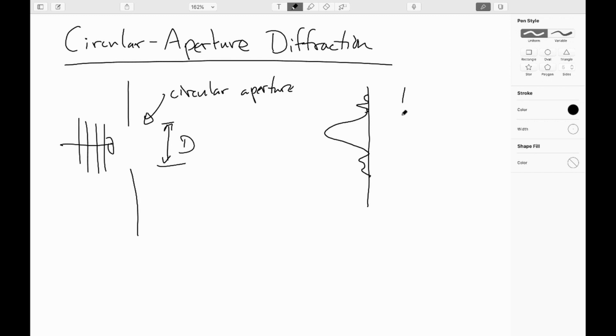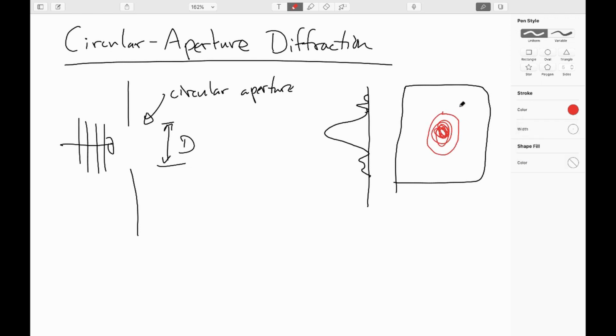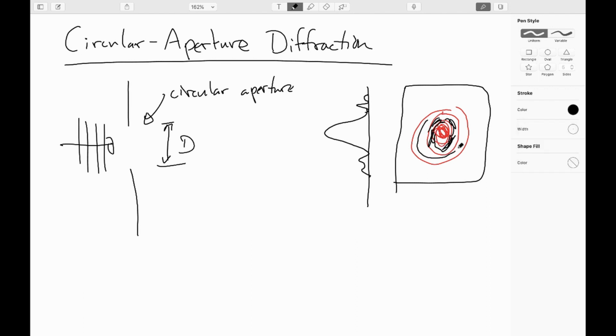And if I were to look at this more edge on, I would see a bright region in the middle, a dimmer ring around it, a dimmer ring around it like that, with dark interference bands in between.